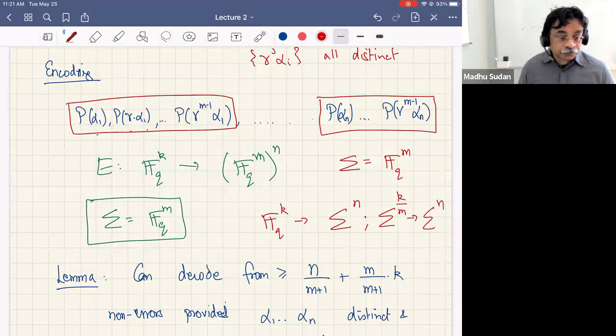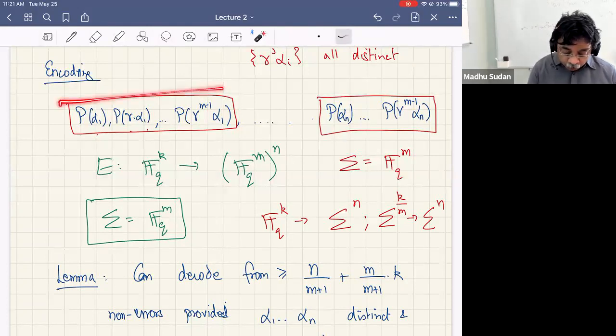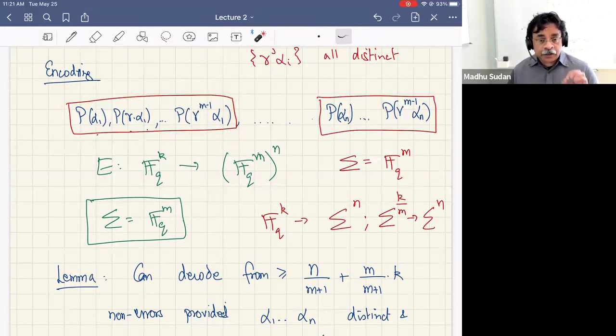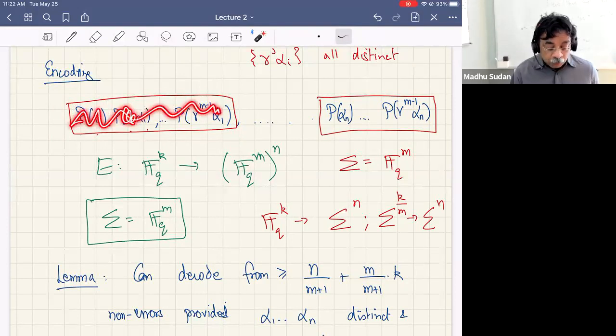Okay. But that's all I've done. I just decided that all of these things are one element. Why is this significant? Recall that our definition of Hamming distance says an error here is counted as an error in the whole block. Once you've decided to make an error here, you are charged for an error in the whole block. Okay.